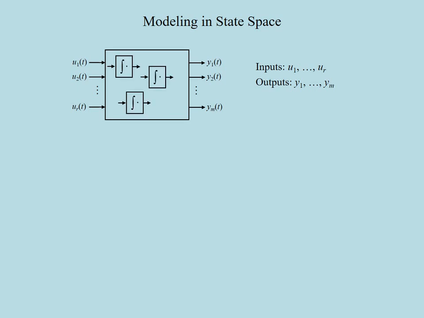For example, integrators in a linear electric circuit are capacitors, which integrate current, or inductors, which integrate voltage. Since they accumulate past information, we are going to use the outputs of such integrators as state variables. Let's assume that we have n such states, that is x1 up to xn.